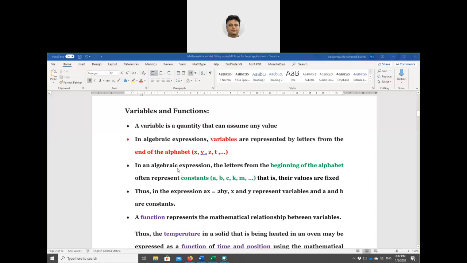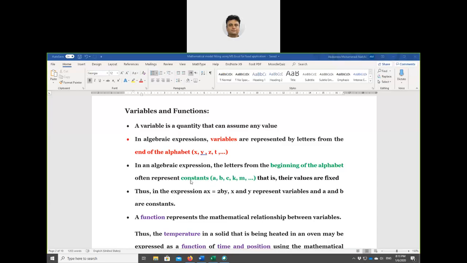In an algebraic expression, letters from the beginning of the alphabet often represent constants. From the beginning, a, b, c, and also k and m, are used as constants. That is, their values are fixed when we use them in an expression and cannot change.